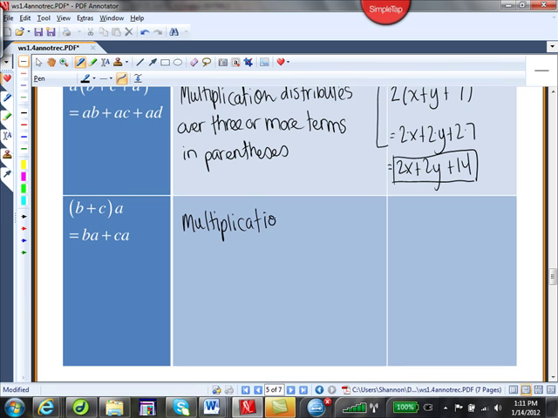Multiplication on the right distributes over addition or subtraction.